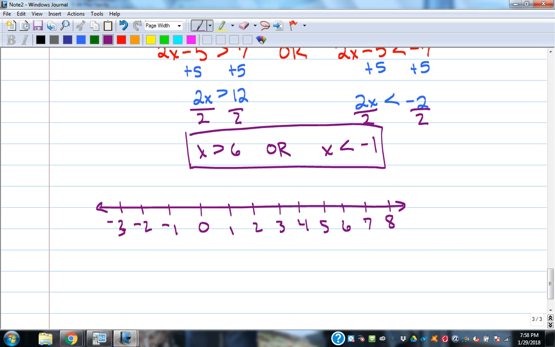Okay. Now, got to remember some things about graphing inequalities here. If it's x is greater than 6, then we're going to go to 6 and we're going to put a parenthesis across that, and it's going greater than, so we're going to open that parenthesis in this direction.